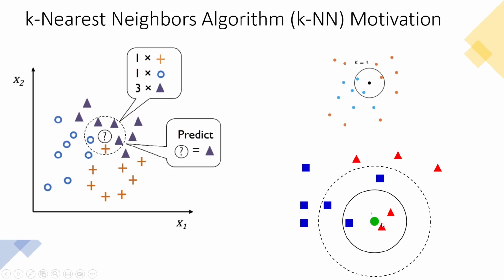But what if we select k as 5? Then we have 2 triangles and 3 rectangles, which means this element goes to the class of rectangles, which means depending on your k value the decision may change. Okay, that's pretty important.